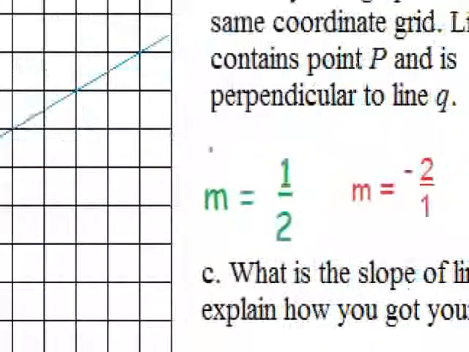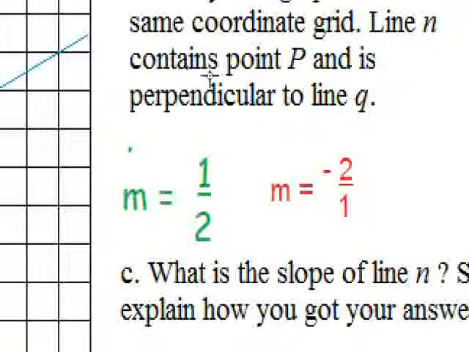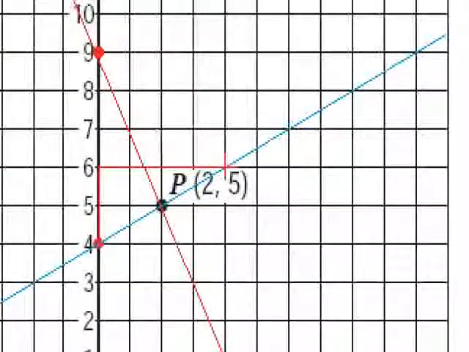Remember that line N also contains point P, so I'm going to start from point P. If I go down 1, 2 spaces, I'm sinking 2 because it's negative 2, and then go over 1. That's how I get my perpendicular line. If I draw that right, I'll find out what the y-intercept is. It intercepts the y-axis at (0, 9). This is the point (0, 9).